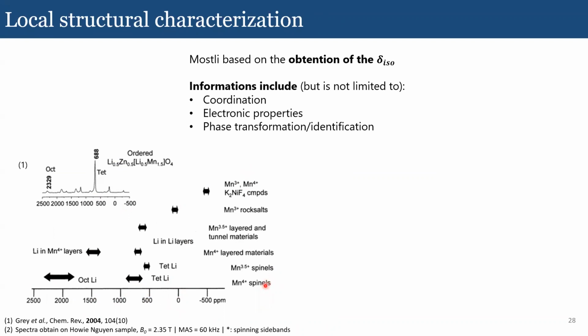Spinel contains manganese ions, which are known to be paramagnetic, like most of the cathode materials. The actual lithium environment, whether tetrahedral or octahedral, can reach up to 2000 ppm. So there is a huge shift, and that shift is provoked by the paramagnetic interaction that I was referring to.